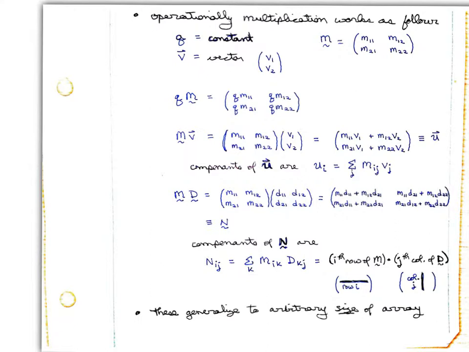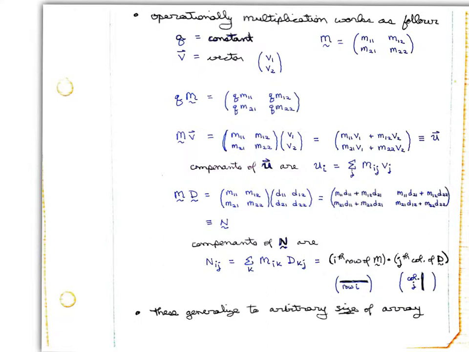I multiply M11 by V1 and M12 by V2 and add them together. Then I move the rotated vector down a row and multiply it by the next row of the matrix and get the answer here.